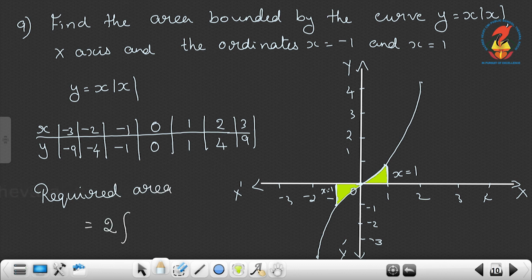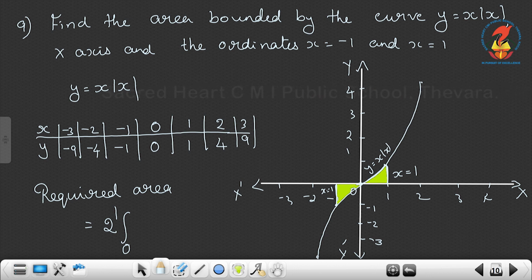2 times integral 0 to 1, the area bounded by the curve x mod x, x-axis and the ordinate x is equal to 1. It is a closed, bounded region.